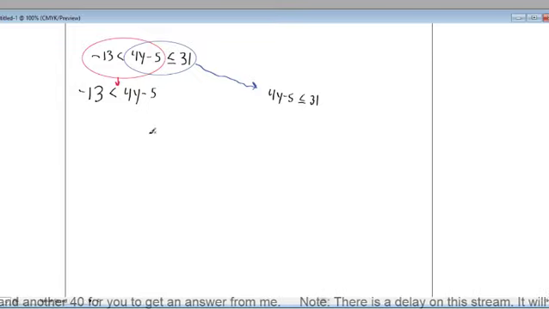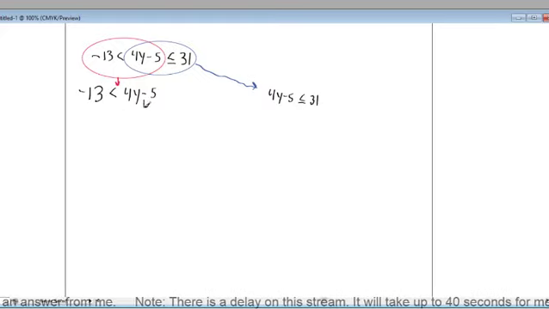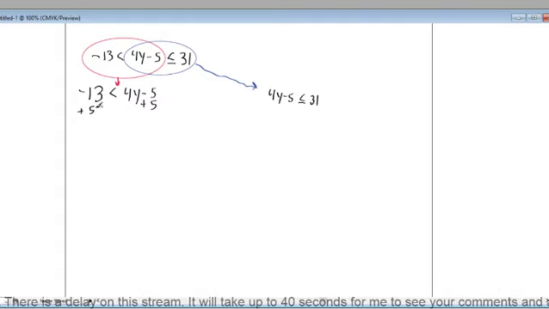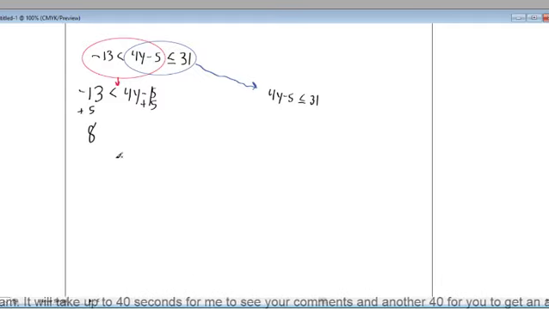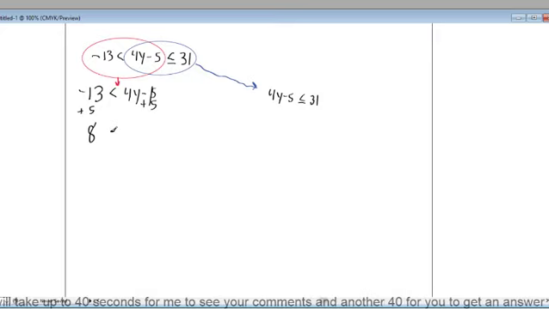Again, we want to get y by itself here. So what we need to do is get the 5 over here, so I'm going to add 5. Negative 13 plus 5 is going to give us negative 8. On this side it just cancels, and we're left with negative 8 is less than 4y.